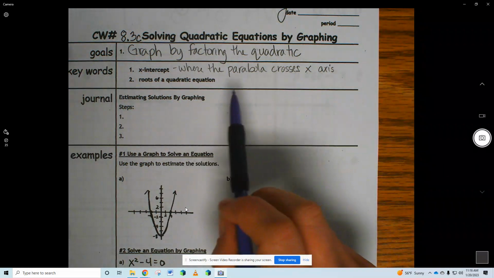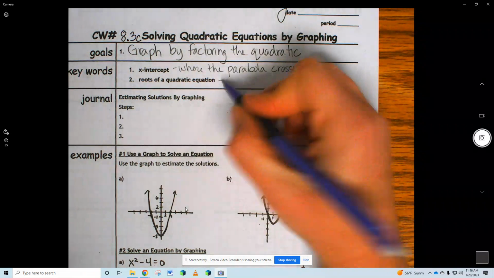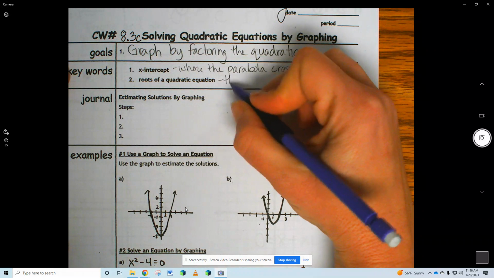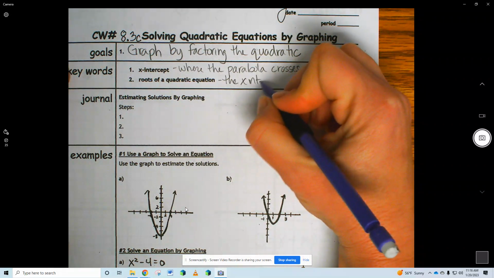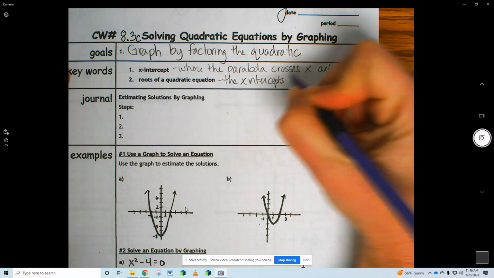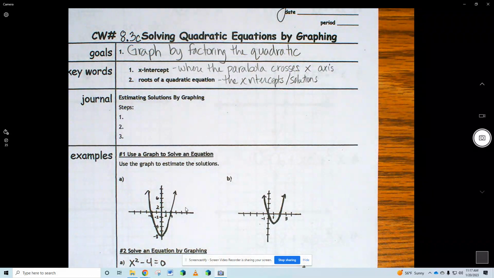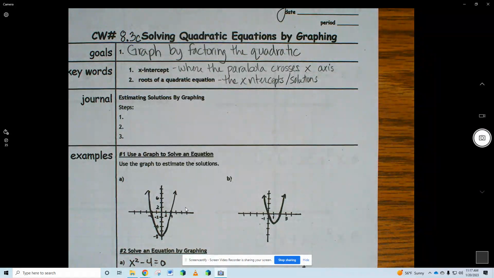So, roots are pretty much the same thing. The x-intercepts or the solutions.